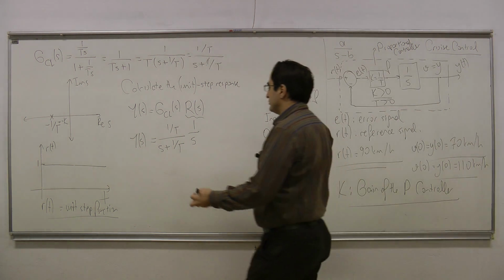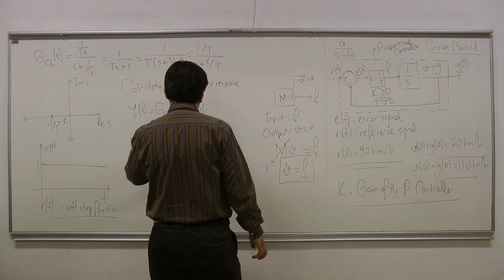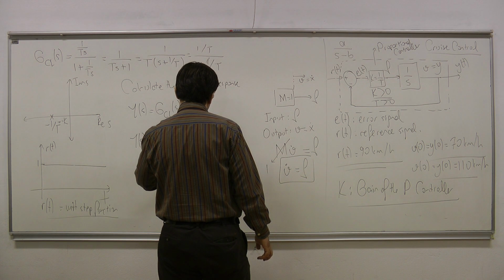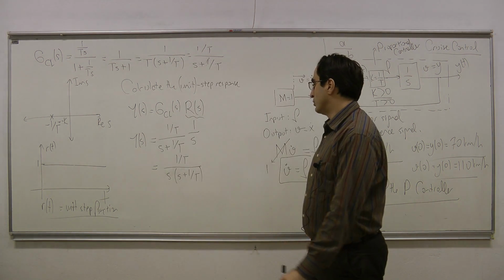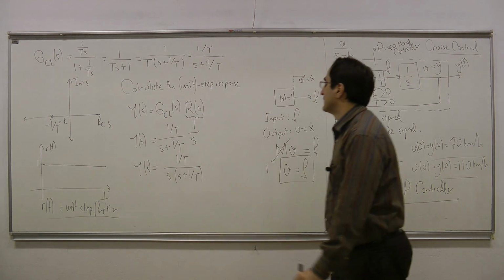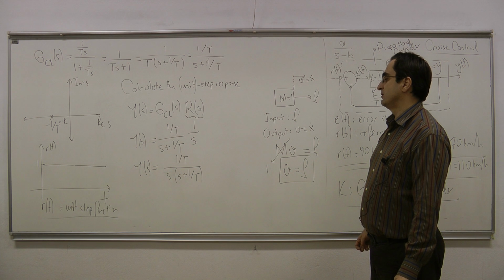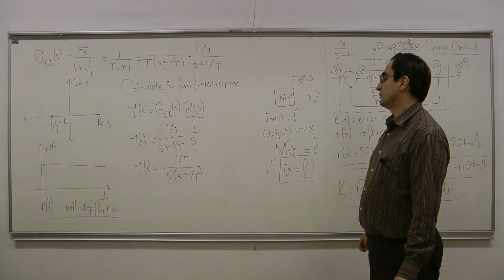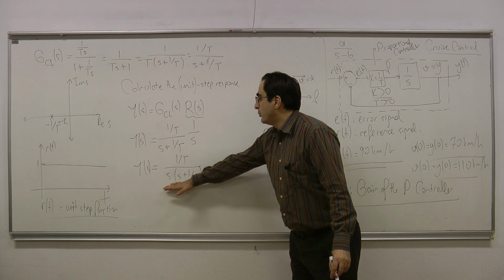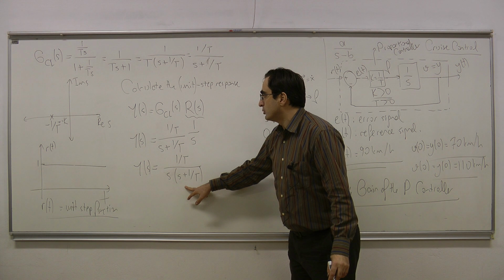So now I'm going to be writing this in a more familiar form. So this is going to be 1 over t s plus 1 over t, which is much more familiar to us. It's the same thing, okay? So now I have to take the inverse Laplace transformation of this Laplace transform. Okay? How can I do that? This Laplace transform has a pole at s equals to 0 and s equals to minus 1 over t.